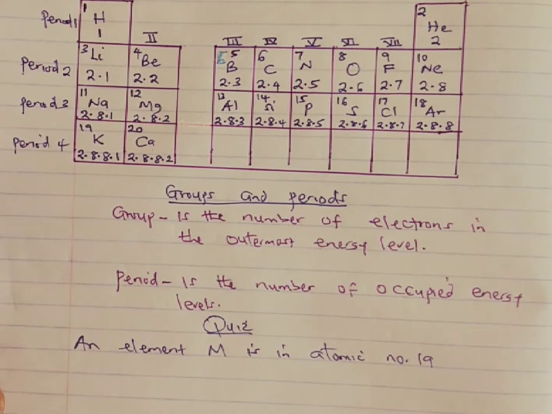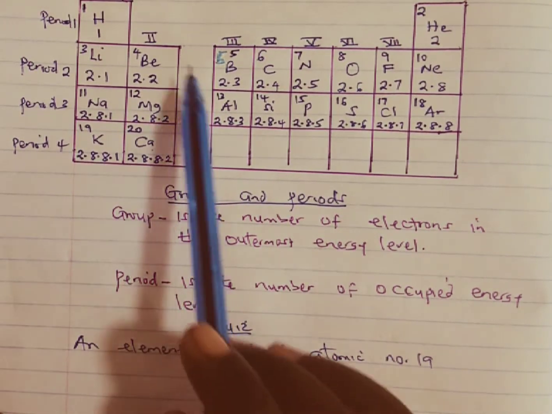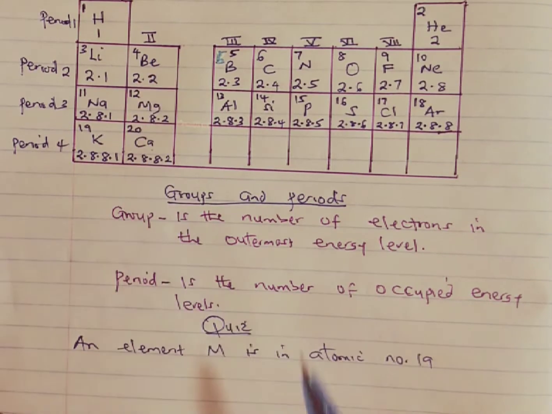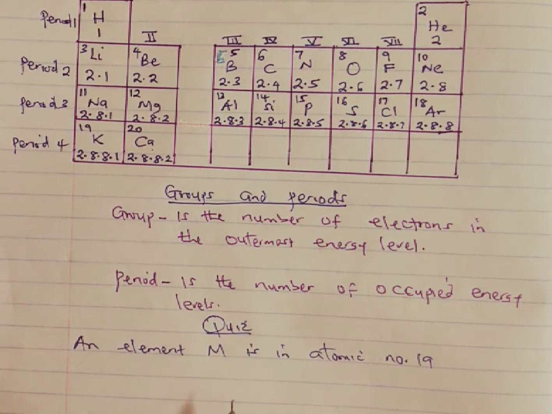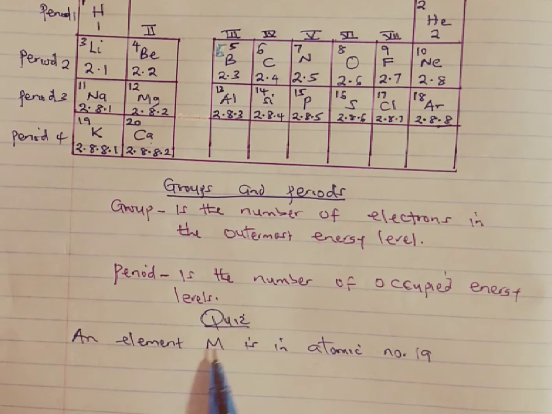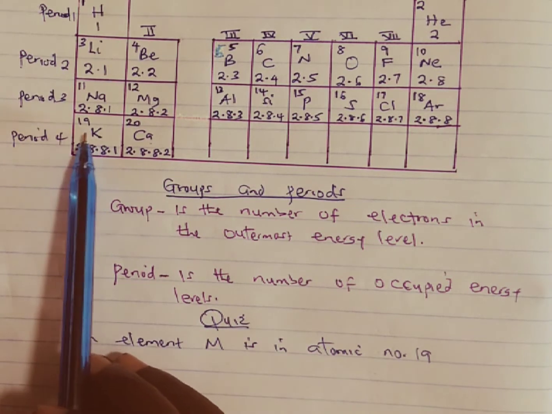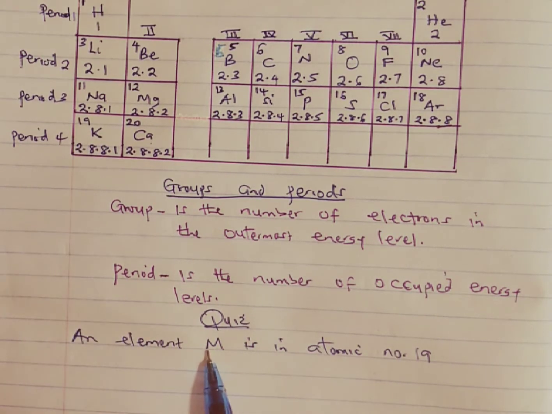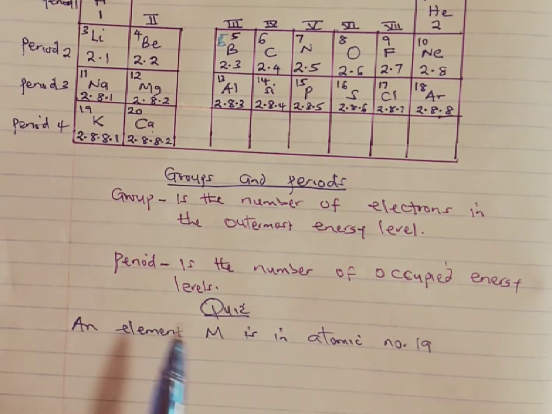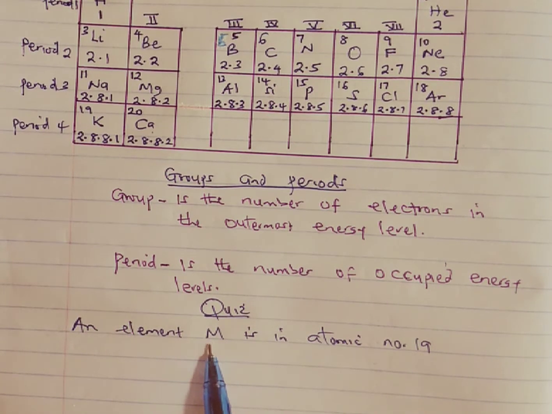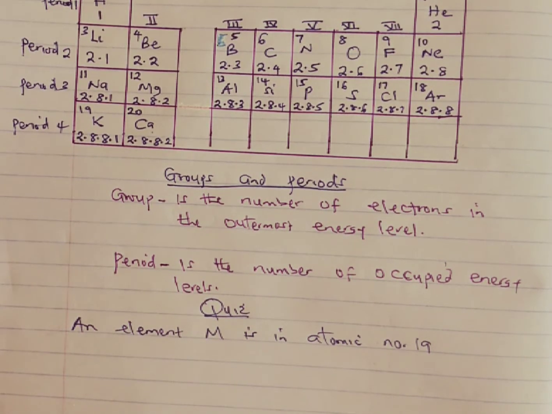So in an exam situation, these elements are not given, they are really chemical symbols, so they are given different letters. But we know element M is in atomic number 19, and the element in atomic number 19 is potassium.